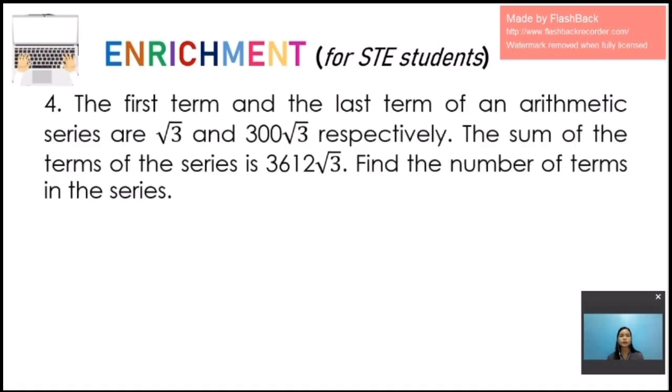The fourth problem, the first term and the last term of an arithmetic series are square root of 3 and 300 square root of 3 respectively. The sum of the terms of the series is 3,612 square root of 3. Find the number of terms in the series.